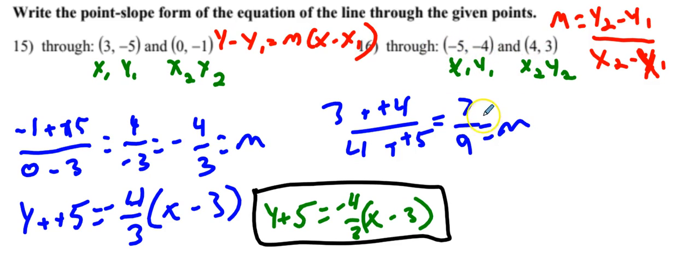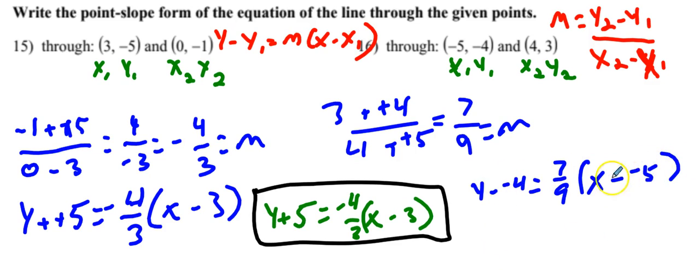You could use the other one, doesn't matter. Y minus negative 4, so y minus y1 equals slope times x minus x1.